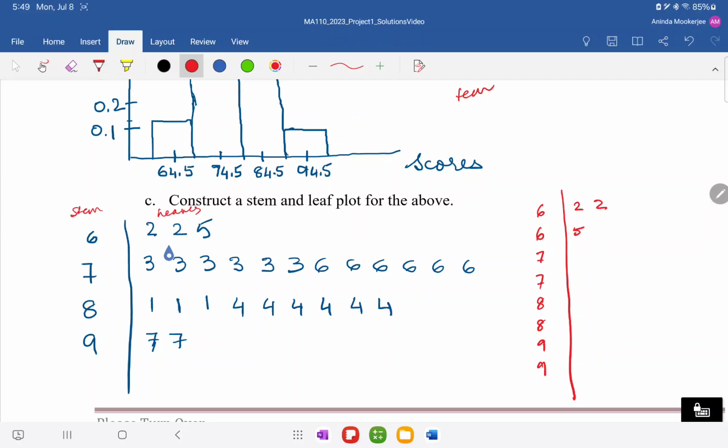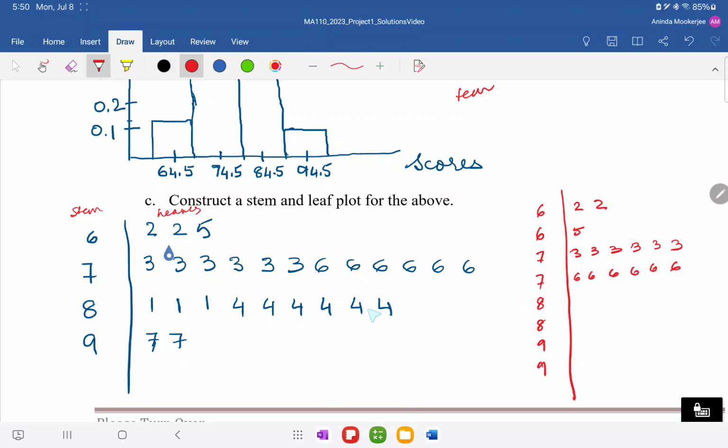Likewise for 7, we can just have 3, 3, 3. How many 3s do we have here? 3, 3, 3, and then all the 6s, because that value is greater than or equal to 5, you list them in the second row for that particular stem.